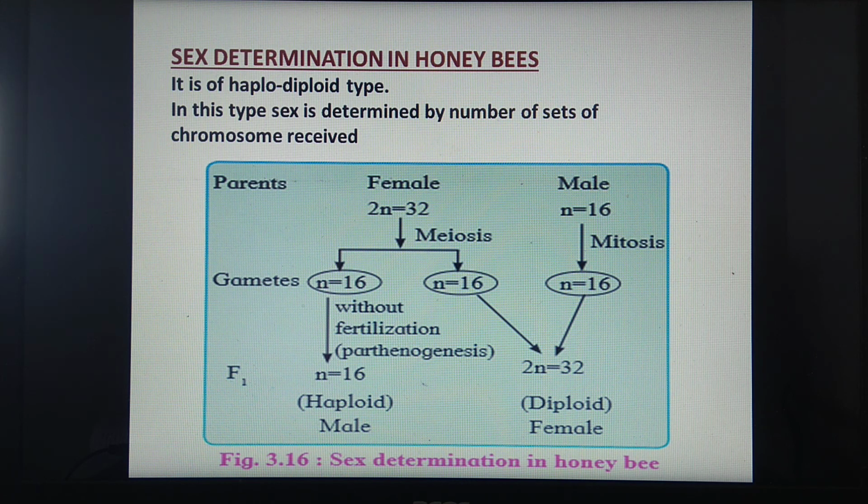Diploid larvae which get royal jelly as food will develop into the queen and others develop into the workers. So this is the type of sex determination in case of honeybees. See, this can also be asked for 2 marks. Its schematic representation can be asked for 2 marks, and this process of parthenogenesis, the meaning of this word, can be asked for 1 mark.